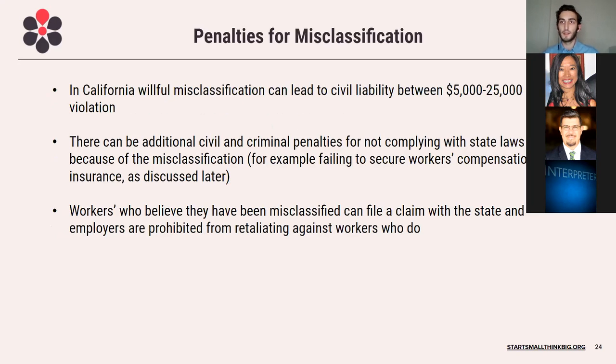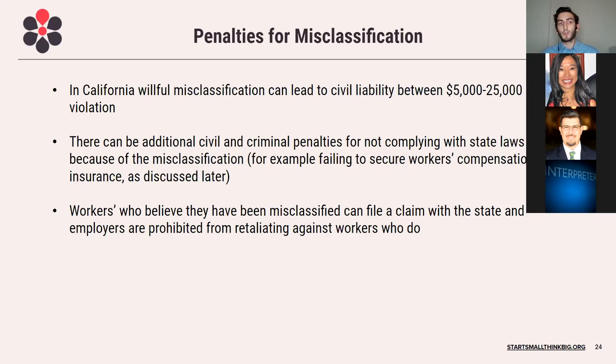So in California, and this is why it's important, willful misclassification can carry high civil penalties in the thousands of dollars. In addition to the penalties for misclassifying, if the misclassification results in a failure to meet other state laws that are a consequence of the classification, there can be additional civil and criminal penalties.